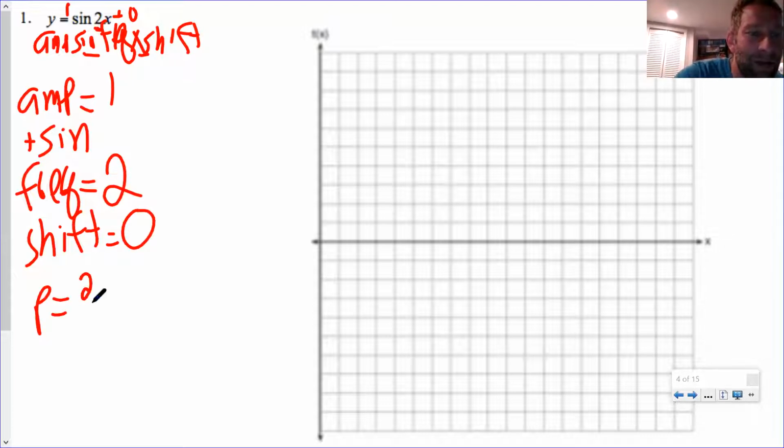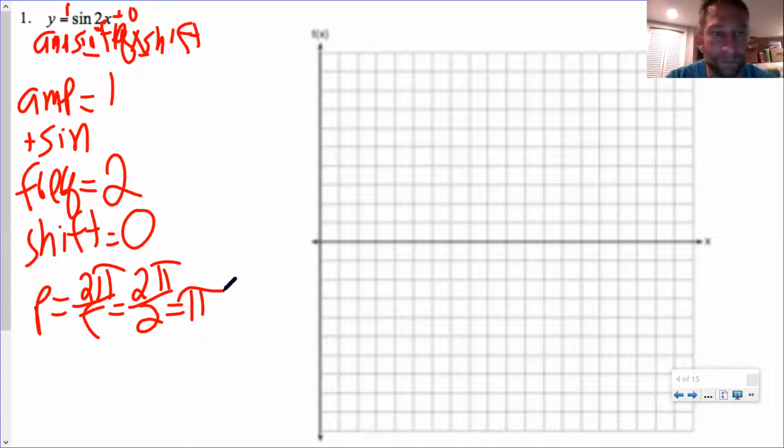Now I need my period, which is 2 pi over the frequency, which is 2 pi over 2, which is pi. So I now put my information onto my grid. For my y-axis, my midline, my shift, is at 0. The amplitude is 1, so I'm going to go 1 up from the midline and 1 down from the midline.